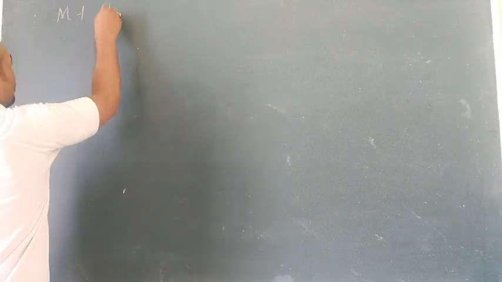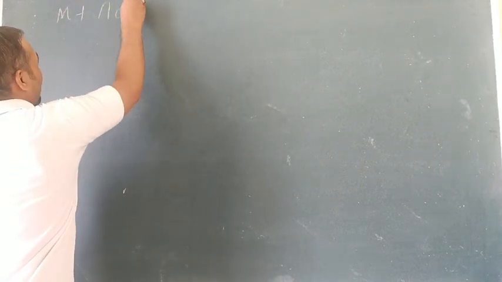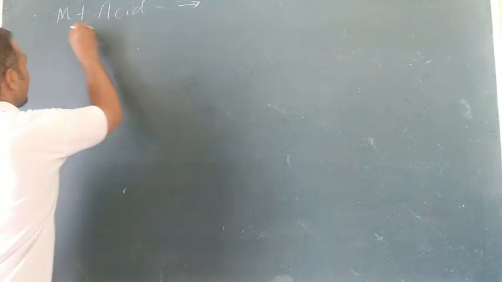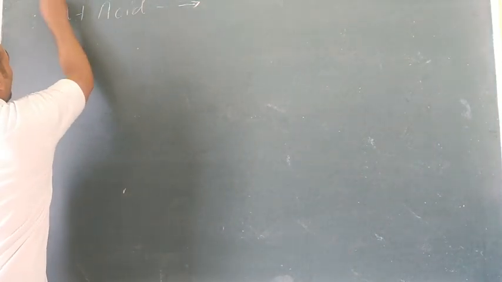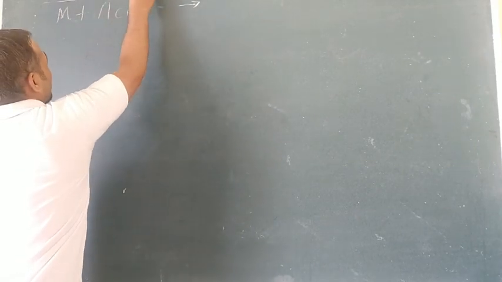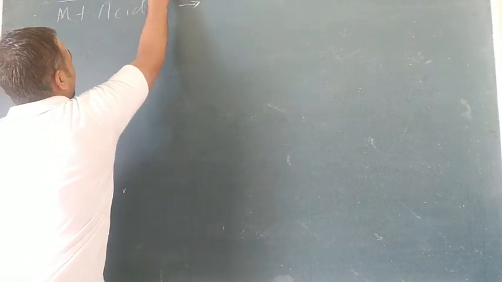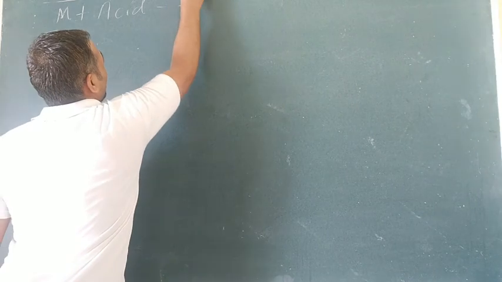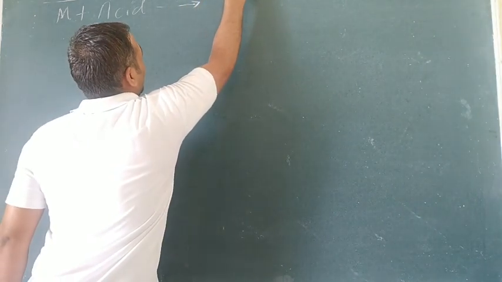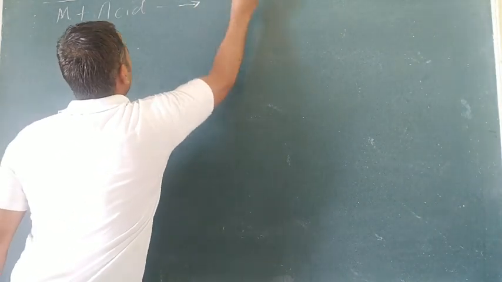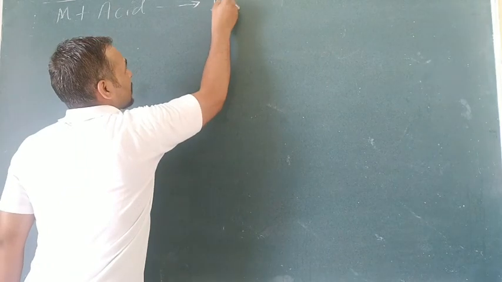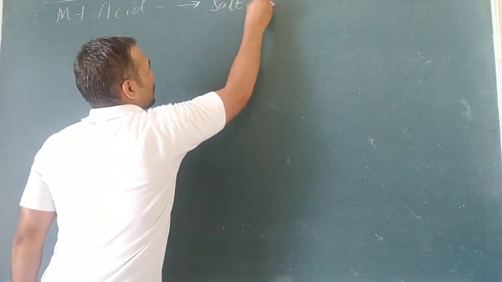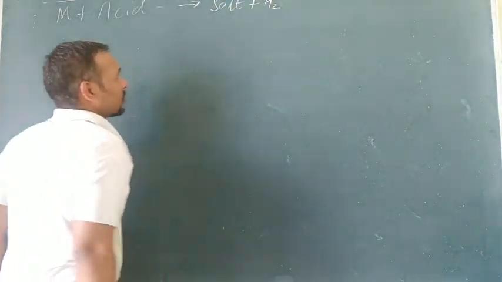Now, what happens when metal reacts with acid? Here we are looking into the reaction of acid with metal. It produces salt plus hydrogen gas.